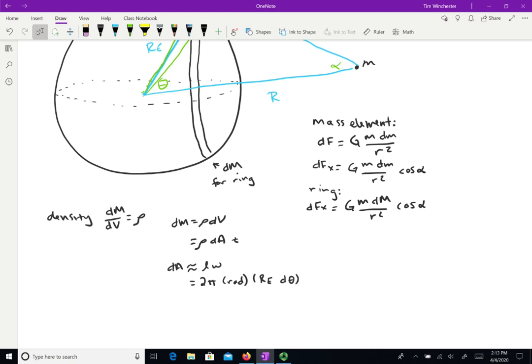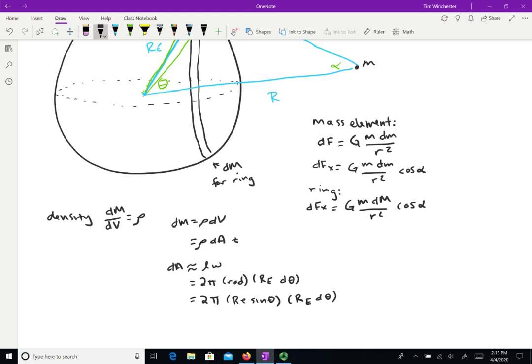Okay. In order to get the radius of the ring, I'm going to use theta. The radius of the ring is going to be R_E times sine theta. And then the other part, R_E times d theta, has stayed the same.